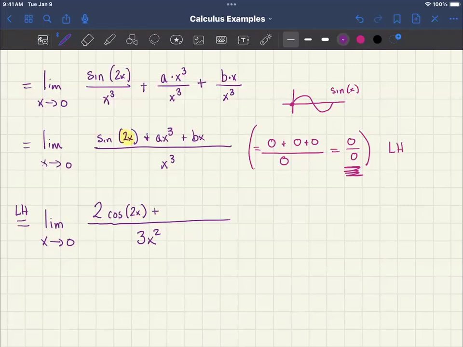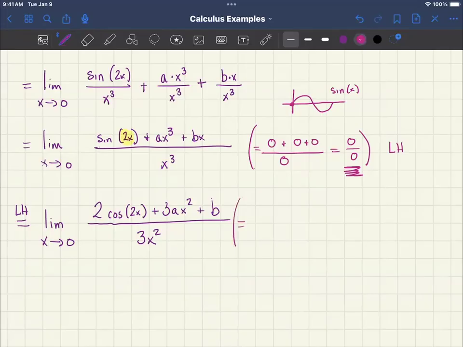Next up, remember a is a number. We don't know what number that is, but it is a number. So we are going to just leave it alone. We're going to bring that 3 down and subtract 1 to get our new exponent. And then a number times x, the derivative of that is just going to be b. All right, so let's see.